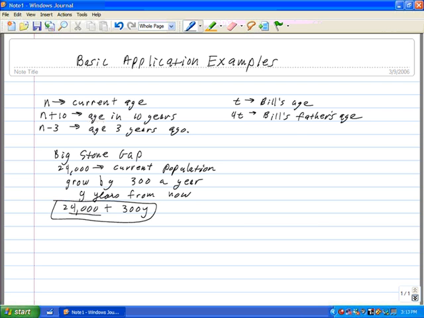For example, let's say that a certain factory currently has 450 workers. If they're going to lay off 6 a year, then how do you know how many workers they have X years in the future?